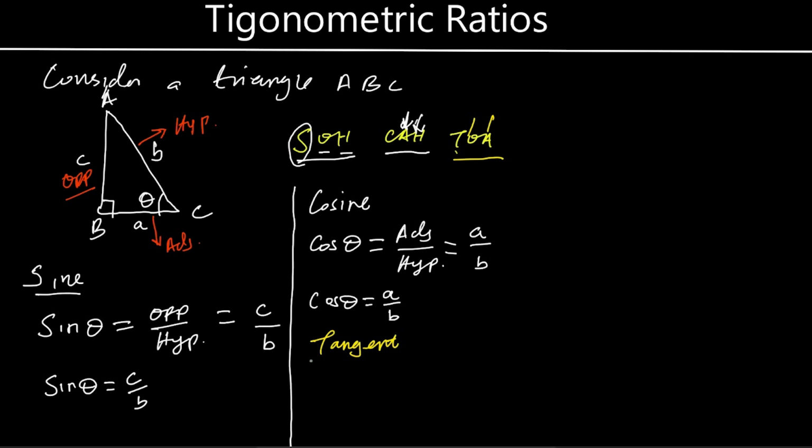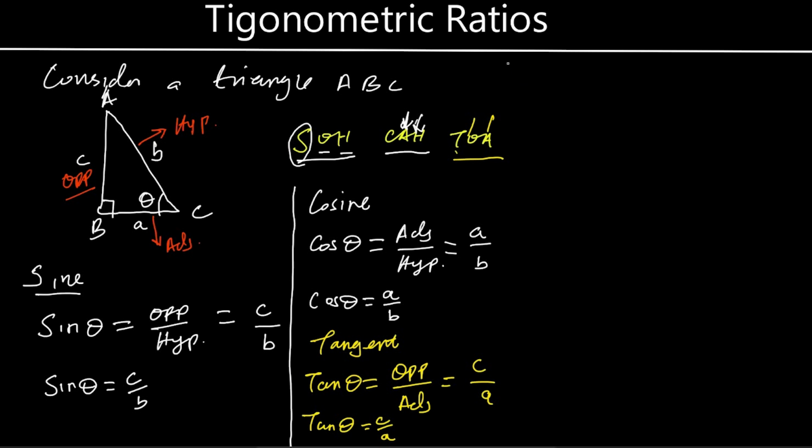So we can say tan theta is equal to the opposite side divided by the adjacent, which we can give the letters now. Our opposite is C divided by the adjacent, which is letter A. And we can now say tan theta is equal to C divided by A.